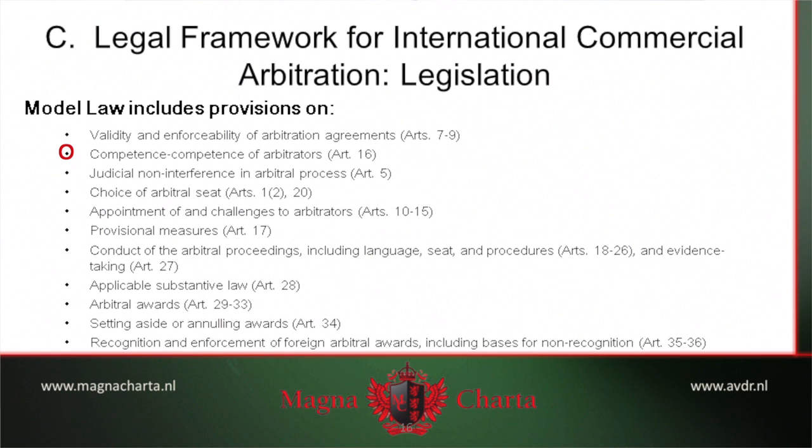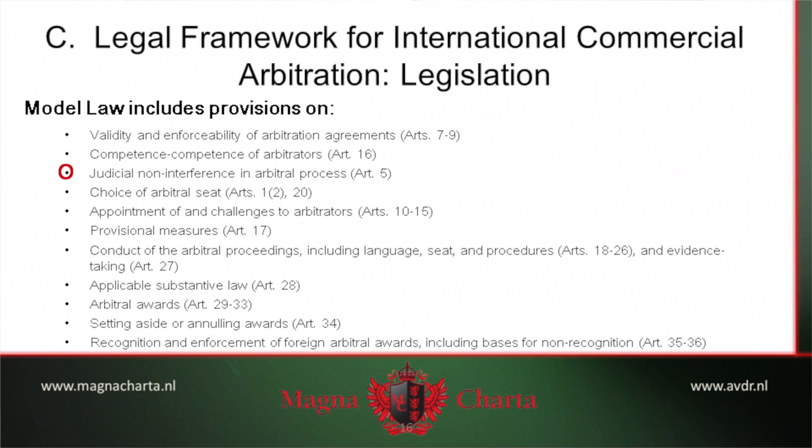What that means in practice is if one party decides that it no longer wishes to arbitrate and seeks to challenge the validity or scope or existence of the arbitration agreement, the arbitral tribunal itself has the authority, usually subject to subsequent judicial review of some sort, to decide those jurisdictional issues, to consider those jurisdictional challenges, and to make a decision on them. Again, as I say, often subject to some sort of judicial review.